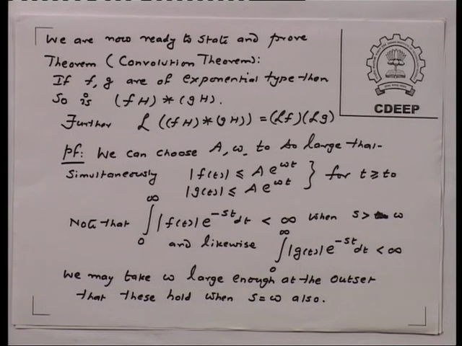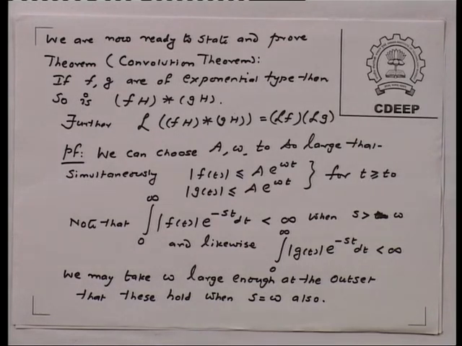Obviously, I am going to take a to be larger than a1 and a2, omega larger than omega 1 and omega 2, t naught larger than t1 and t2, and I can surely arrange things such that simultaneously mod f t is less than or equal to a e to the power omega t, and mod g t is less than or equal to a e to the power omega t, both for t bigger than or equal to t naught, correct? This can be arranged.